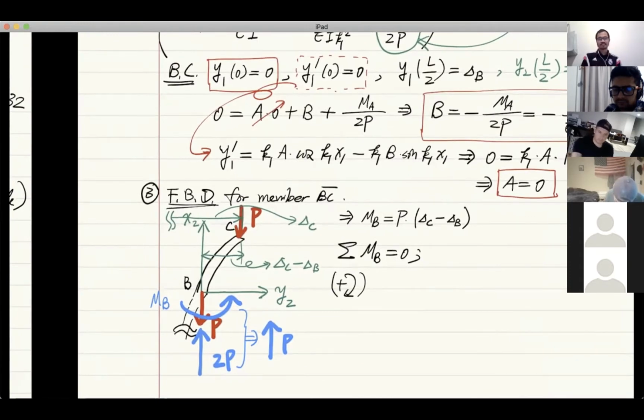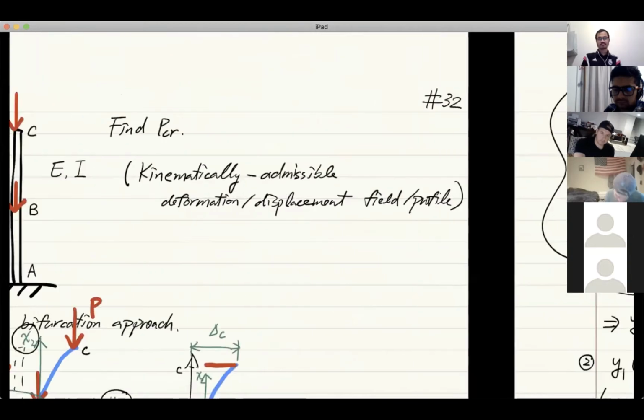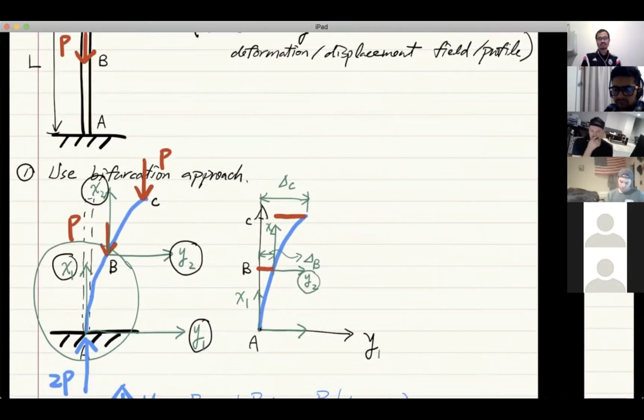Because we are cutting that part from here. We're not looking at the whole thing, we're cutting it from this section. That's what we are doing. Just like what we did, we cut something from here, right?